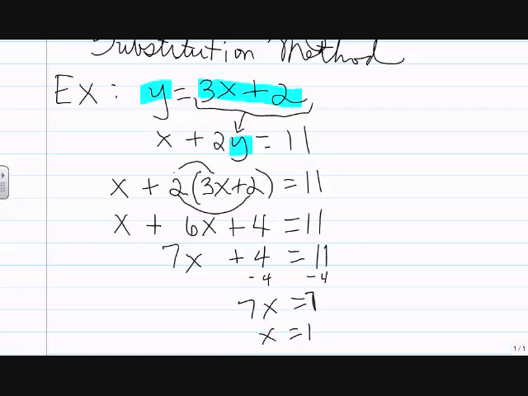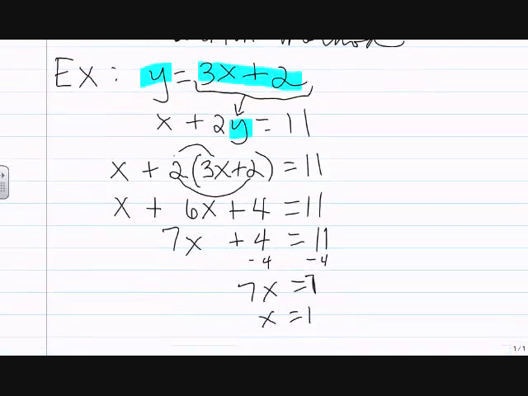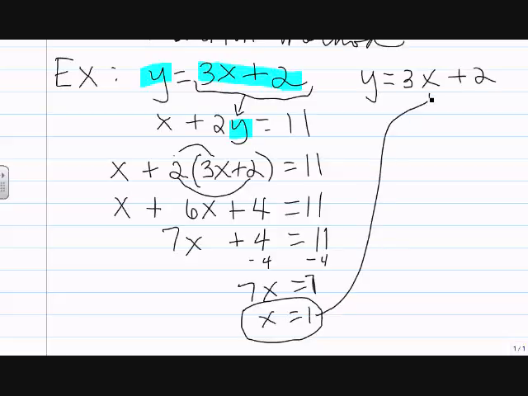When solving systems, I need two answers. I have one of them already. x equals 1. To get the other answer, I go back to the other equation, which is usually the easier equation to do, and I substitute that 1 in for the x. So this said y equals 3x plus 2. Now wherever I see an x, I'm going to replace it with a 1.